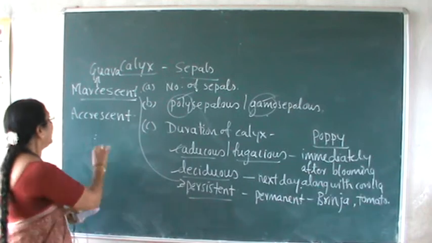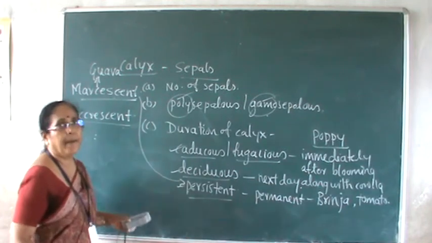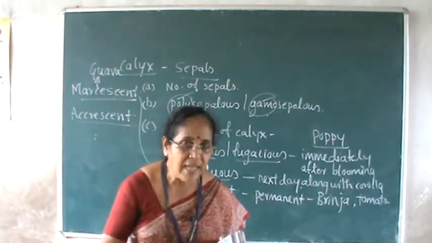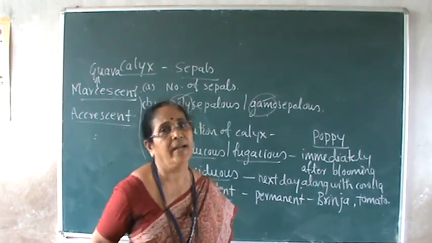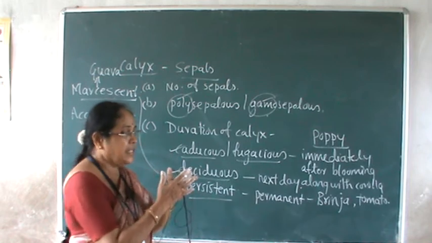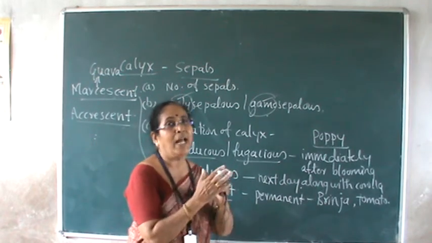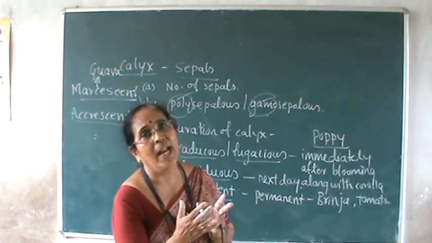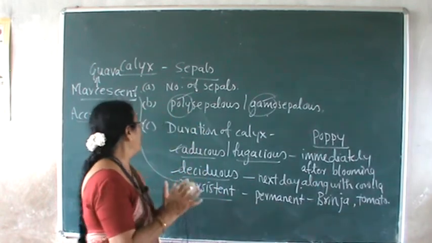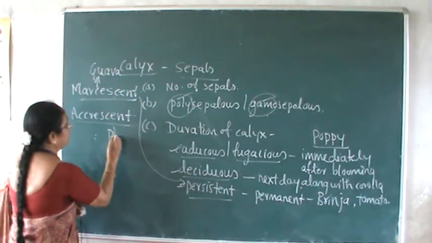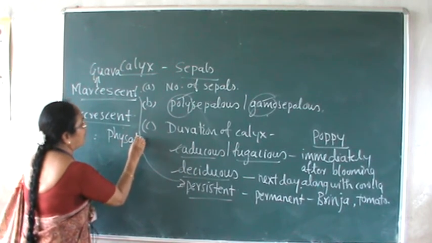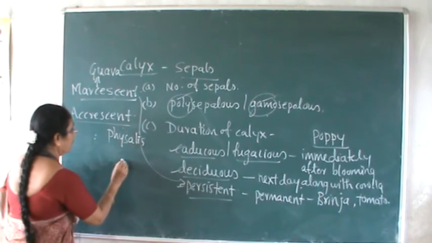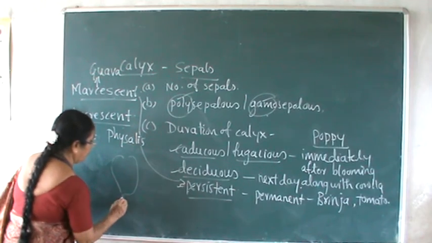Then the accrescent kind of calyx, the second type. In this case, as the fruit enlarges in size, the calyx also enlarges in size, as there is a correlation between the enlargement of the ovary and the enlargement of the calyx. This is found in a plant called physalis, a very common wild plant in our area, producing this kind of balloon-like fruit.